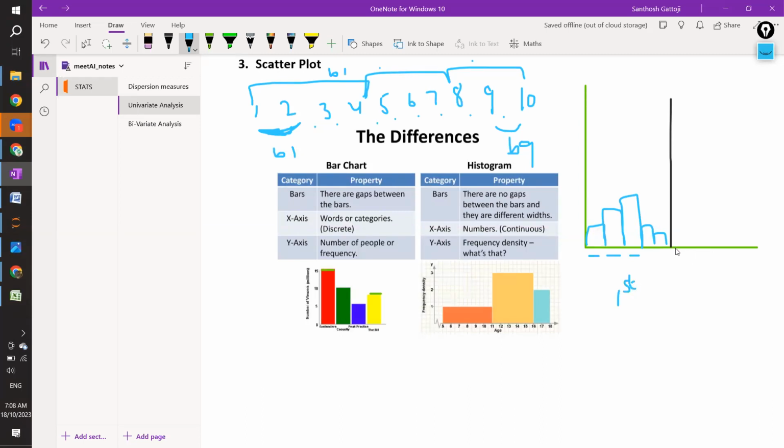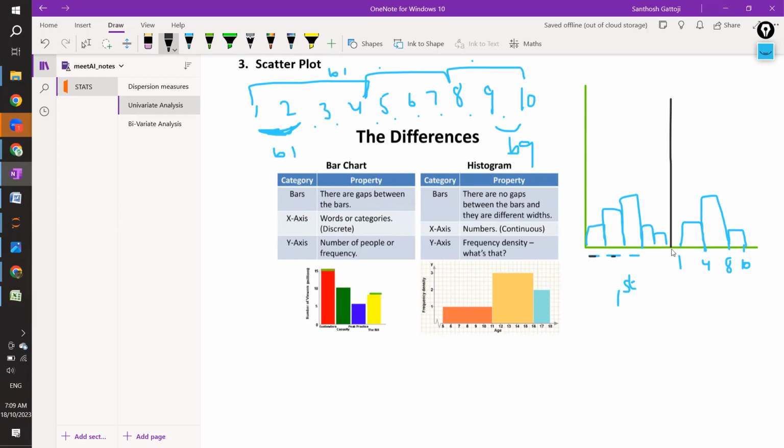The second case, what will happen? So 1 to 4, 4 to 8, 8 to 10. So 1 to 4 might be this, 4 to 8 might be this, 8 to 10 might be this. Same range, you can divide it into any number of bins. In the first scenario I'm dividing into 10 bins, so the width of each bin will be shorter.